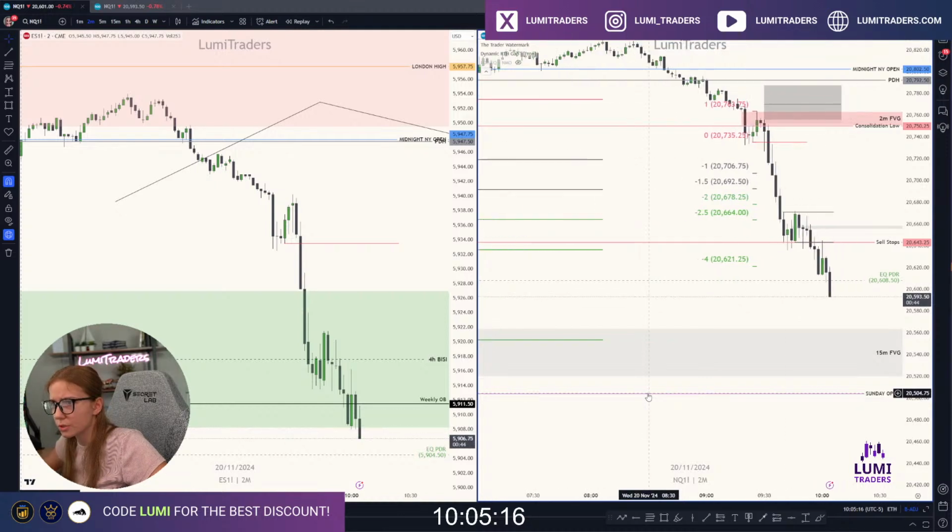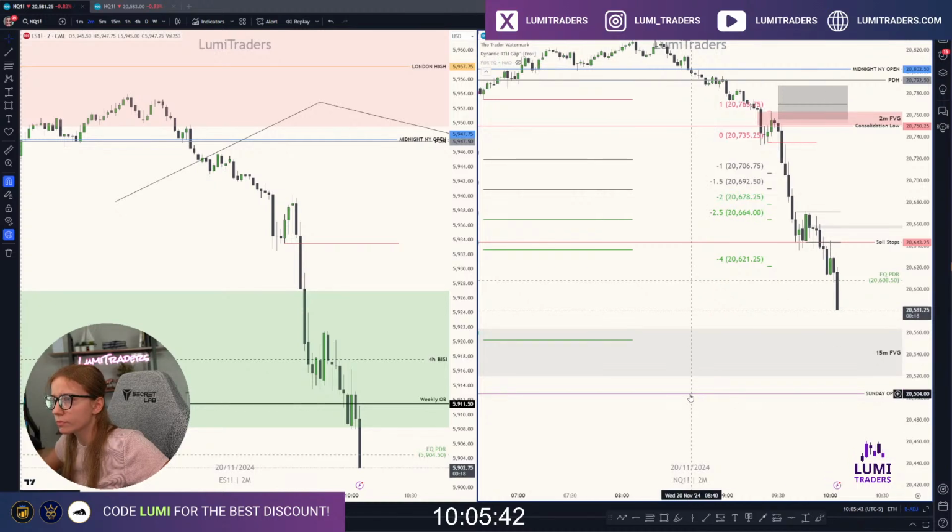Raised our first deviation, kind of like it. Maybe would like to short. We have weekly open right here. I like how this order block holds. It should be short. I like it.